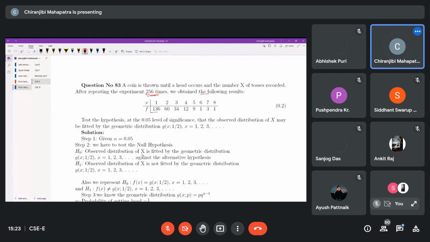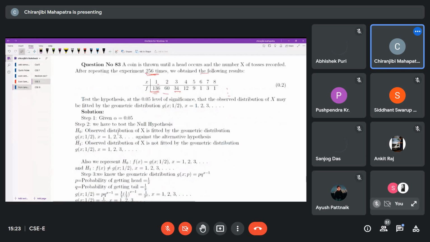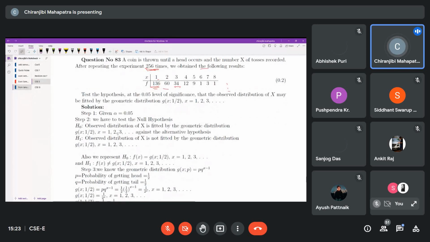So 1 appears 136 times, 2, that means 2 heads occur, 60 times, 3 heads occur 34 times, okay, like this. Then test the hypothesis at 0.05 level of significance that the observed distribution of x may be fitted by a geometric distribution.